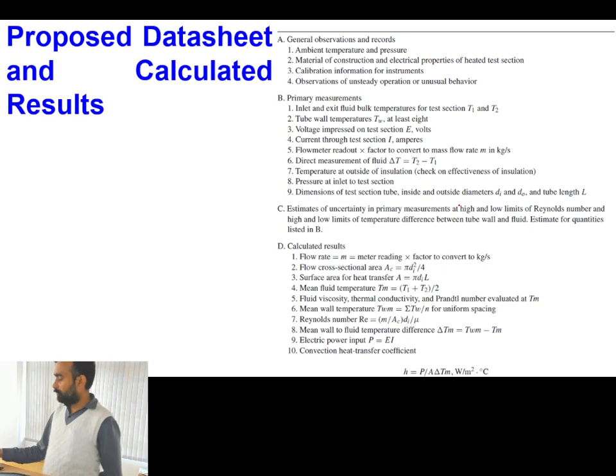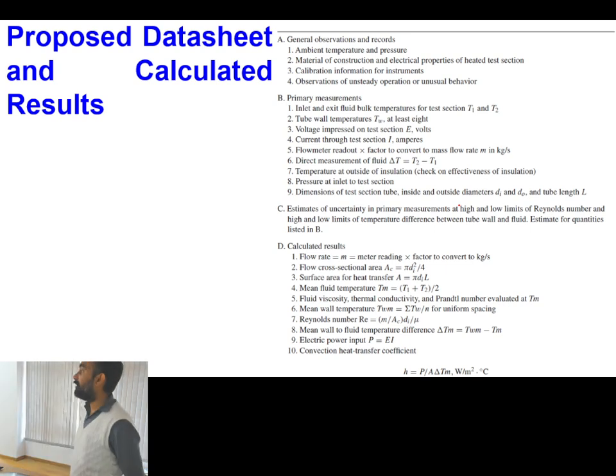Now, based on this analysis, if you are going to do the experiment, you have to propose or use some data sheet for how you will be recording the data. So you can see the data sheet. We have to record ambient temperature and pressure because all the measurements are associated with the ambient condition.